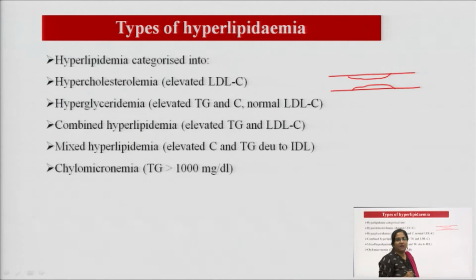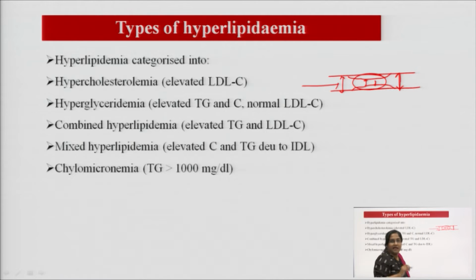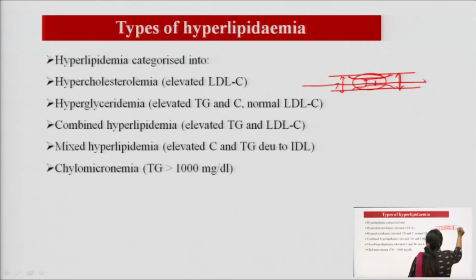This plaque will restrict the movement of blood, that means this space here is much lesser than this space or this space. So, the pressure will increase in the arteries or veins when there is a formation of plaque or a deposition of lipids, which creates a pressurized outflow of blood. Now, the blood coming out of this artery will be in pressurized form.